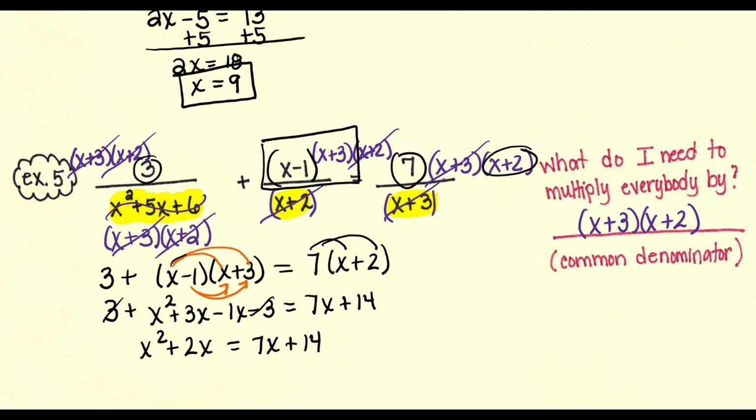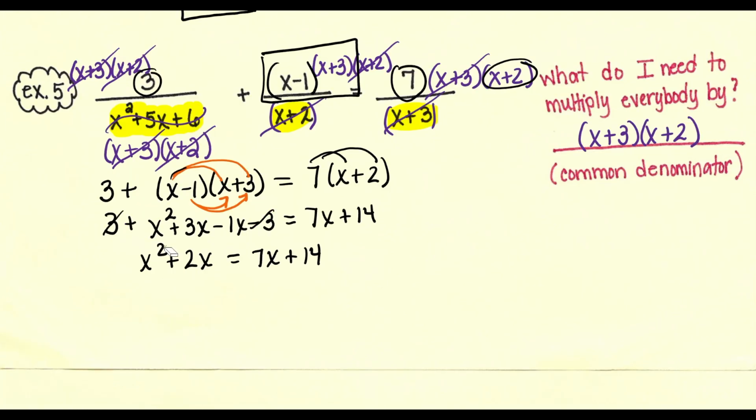Now, remember, when you have a quadratic, which is what that is, it means you have a second power, you need to set it equal to 0 and try to factor it. So I'm going to subtract 7x, and come over here and subtract 14.